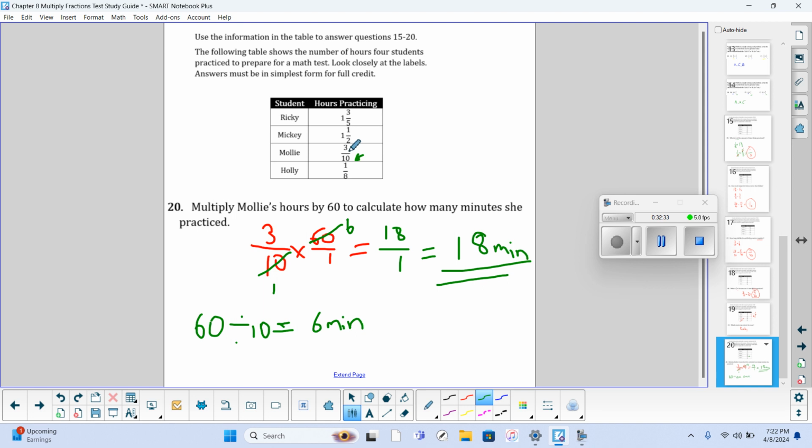But she didn't practice for 1/10 or 2/10. She practiced for 3/10. So 3 groups of this 6 minutes, while 3 groups of 6 is 18 minutes. So it's just another way of thinking of the problem. But it basically kind of just said to you, if you multiply her hours by 60, you get the minutes.